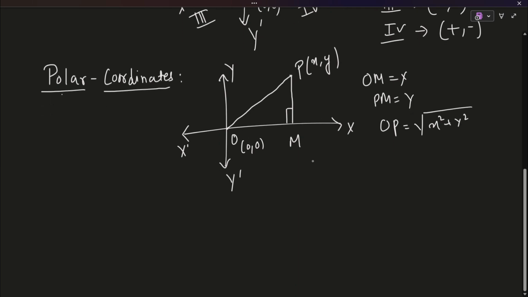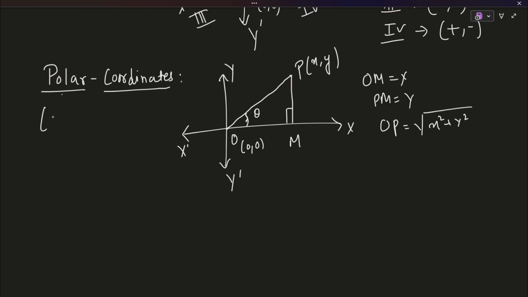Correct. In polar coordinates, we determine a point using its distance from the origin and the angle this line makes with the positive x-axis. So there are two parameters in polar coordinates. In Cartesian coordinates, there were two parameters, x and y.